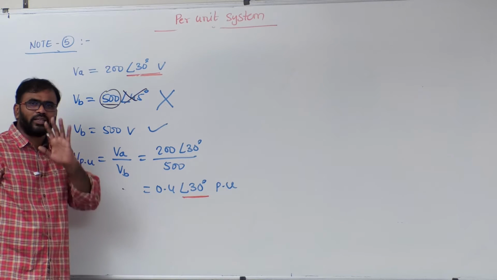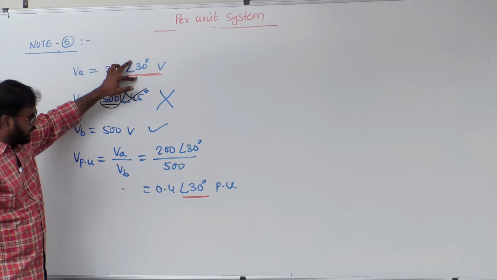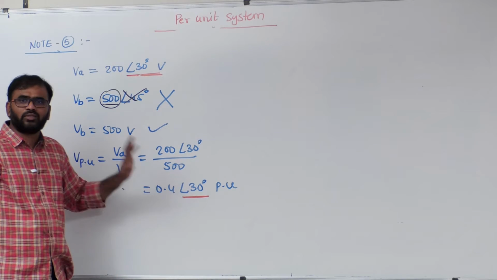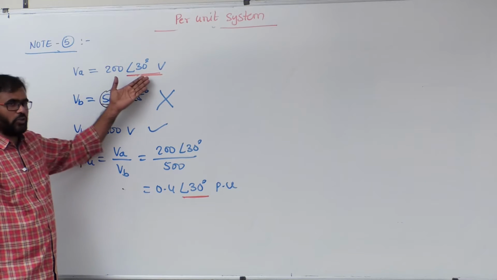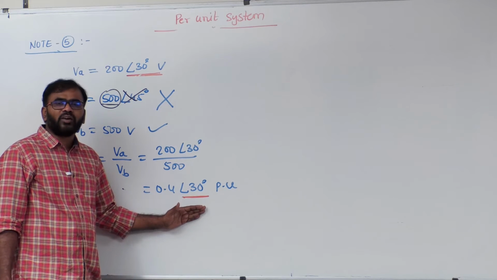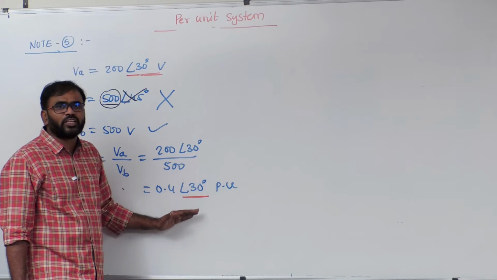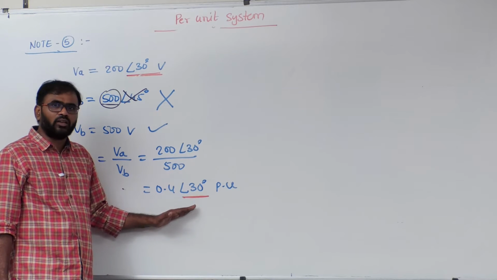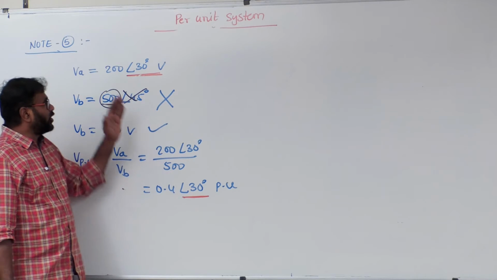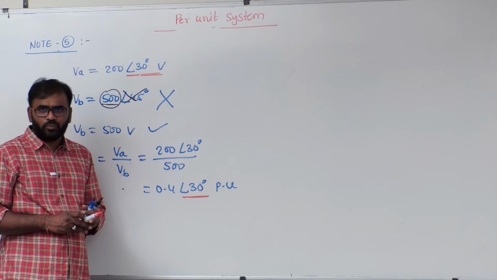The actual quantity phase angle and per unit quantity phase angle are always the same, because base quantities represent only magnitude. The base values don't have any phase angle. That's why actual value phase angle and per unit value phase angle are always the same.